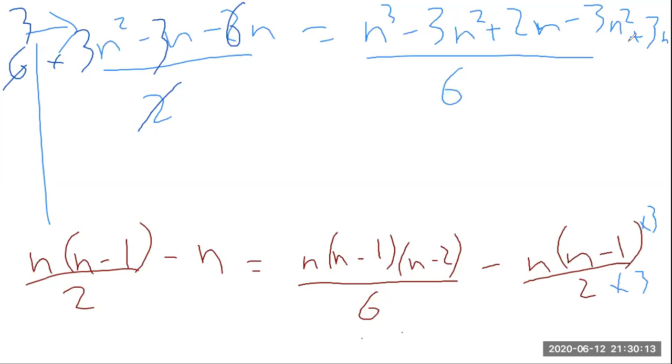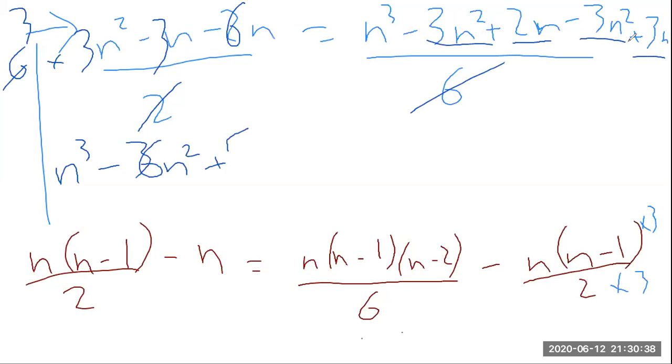Similarly, I'm going to multiply this side by 6 as well, which will cancel this off, and then I'm going to bring it all to one side: minus 3n squared, and 3n squared becomes 6n squared, plus 2n and plus 5n, and on the other side we have 3n squared minus 9n.